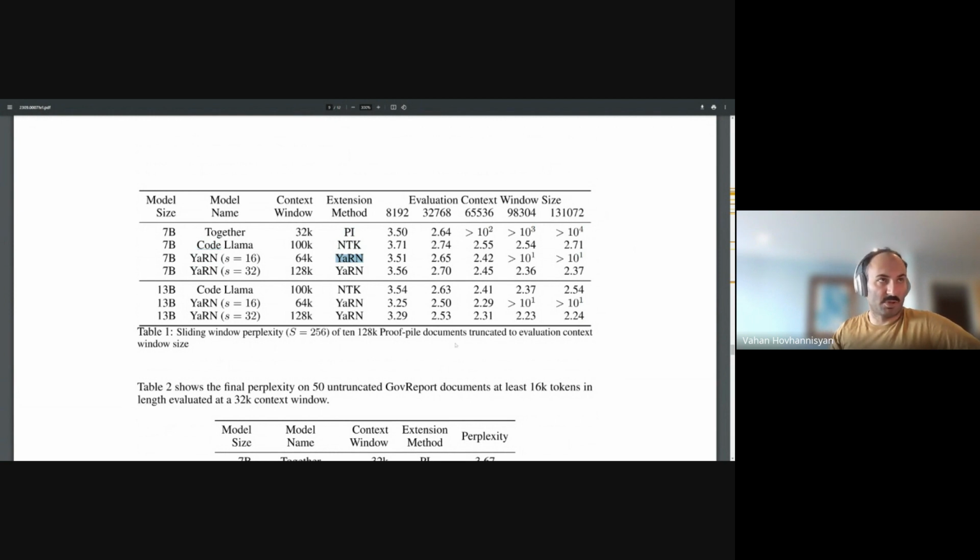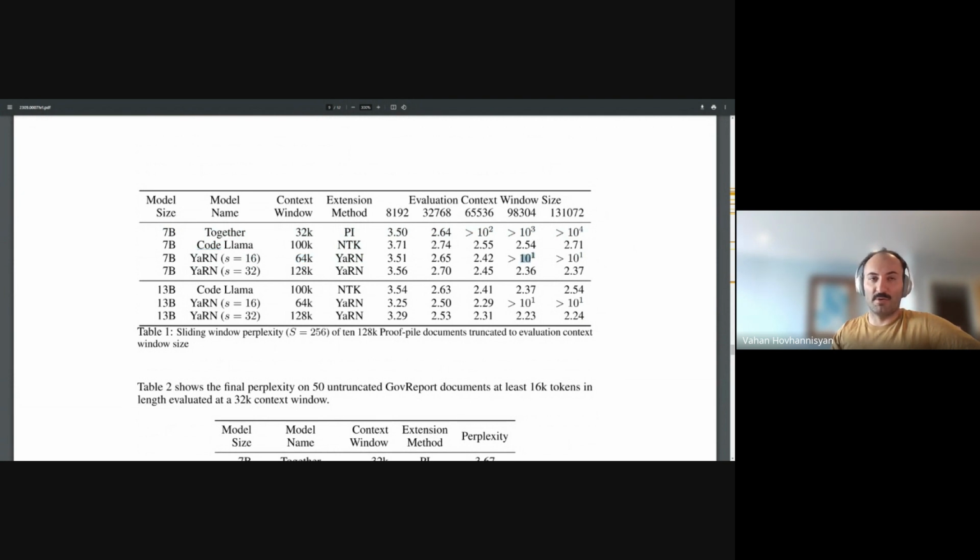They test on different window sizes, and the numbers inside are the perplexities. Notice how sometimes perplexity gets too large, right? You can see that the smaller YaRN, the 64K one, jumps out.